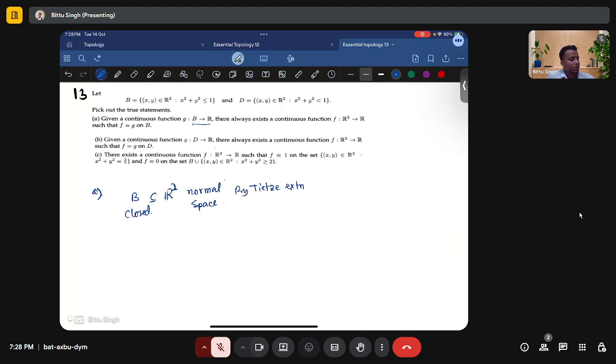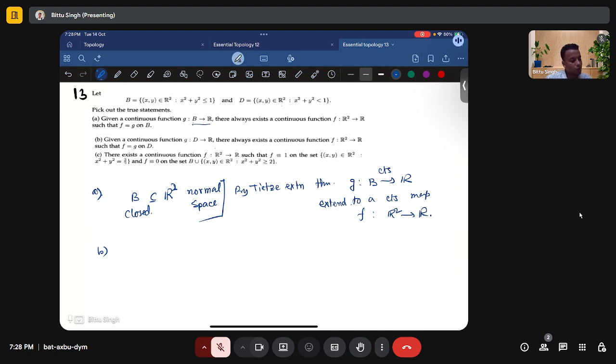By Tietze extension theorem, G maps B to R, so we can extend this continuous map to a continuous map F from R2 to R. Given a continuous map from D to R, there always exists a continuous map from R2 to R which extends G.